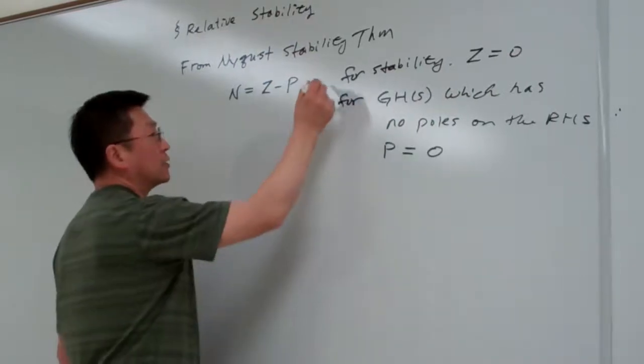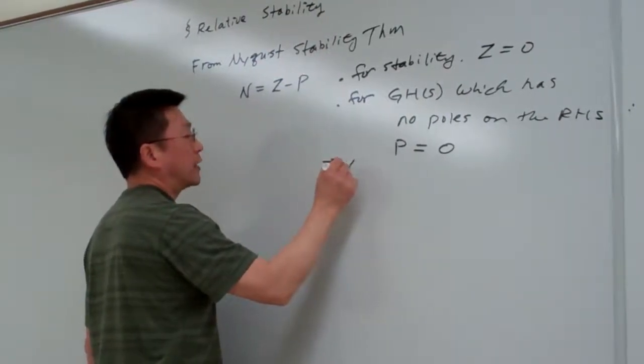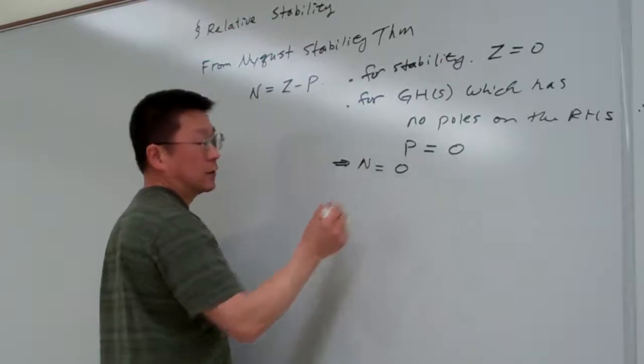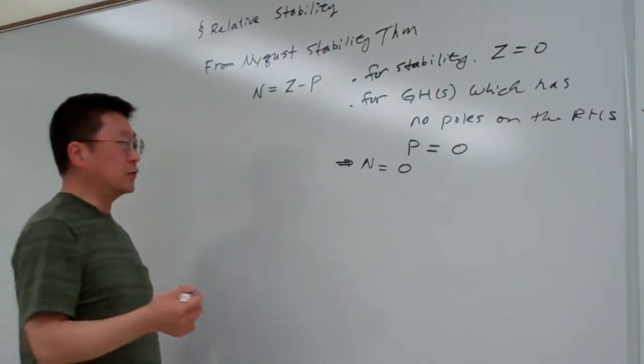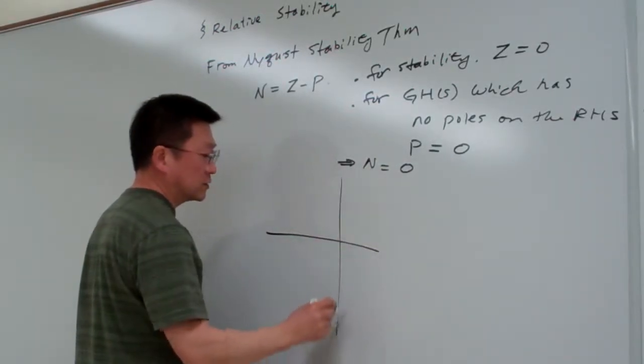So under the two situations, we're asking N must be equal to 0. And N must be equal to 0, that is the situation like this.